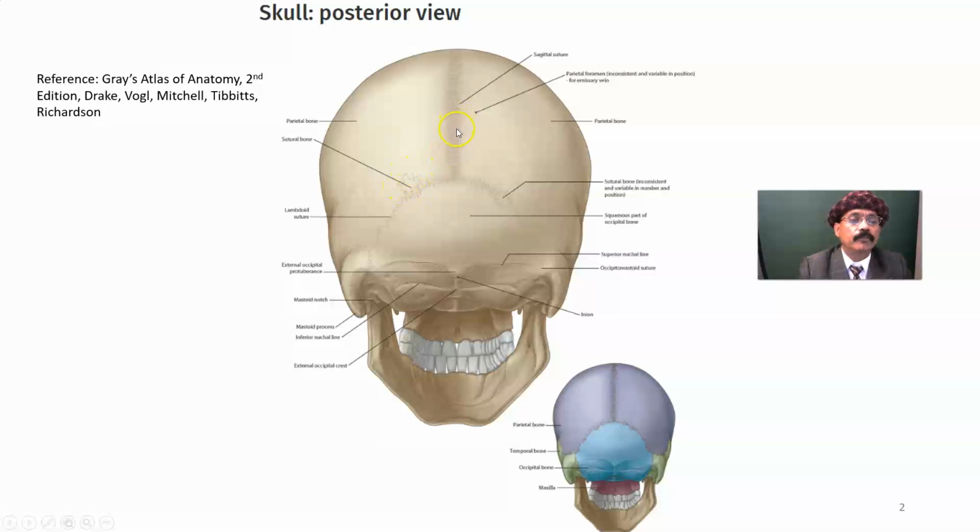Sutures are fibrous joints, as we discussed previously. They are sawtooth-like joints between two bones. This is the mastoid process, this is the occipitomastoid suture, and that is the parietomastoid suture.